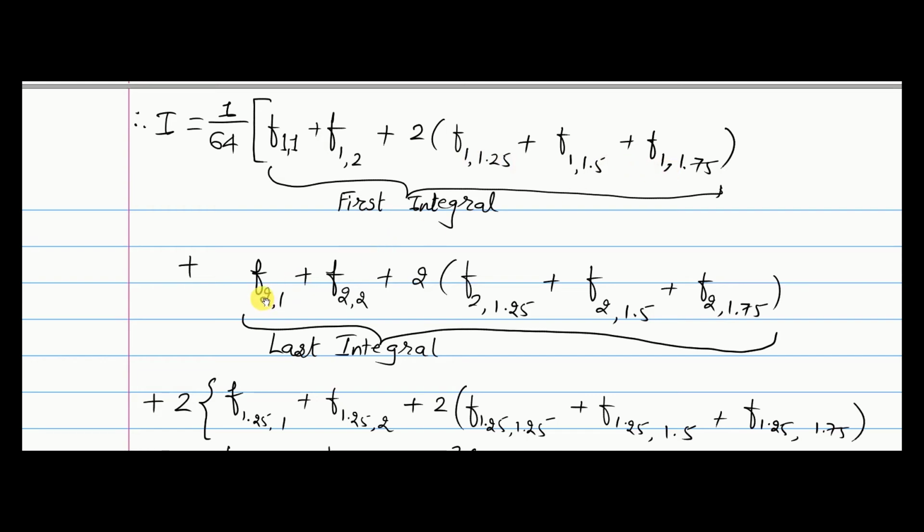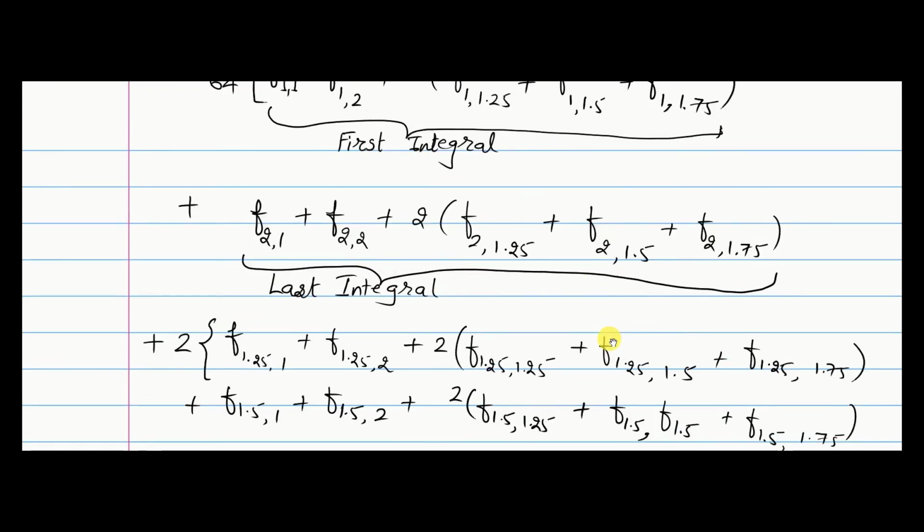Similarly here, f(2,1) plus f(2,2), then twice f, and now instead of this 1 you will have 2. So this is your first integral, this is your last integral. So (2, 1.25), (2, 1.5), increment of 0.25 here, plus (2, 1.75), and these three entries will be twice. Fine. So this is what we have finished for our first integral and this is for our last integral.